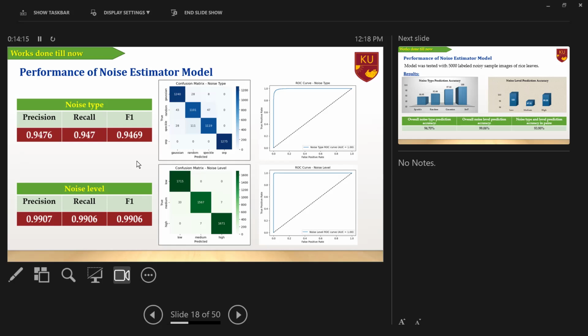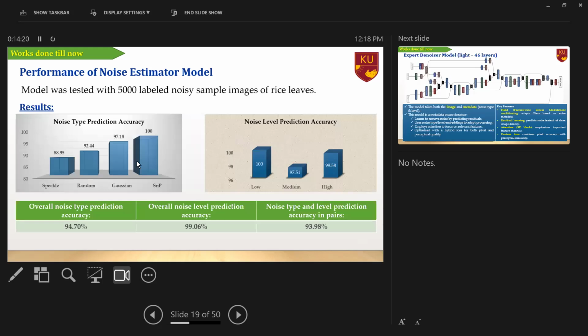So this is the ROC curve. As I've told, in SNP, the salt and pepper noise, it provides 100% accuracy. That is, all the salt and pepper noises are detected by the noise estimator. Gaussian is also 97.18, random 92.44, and speckle even 98.95, which is better.